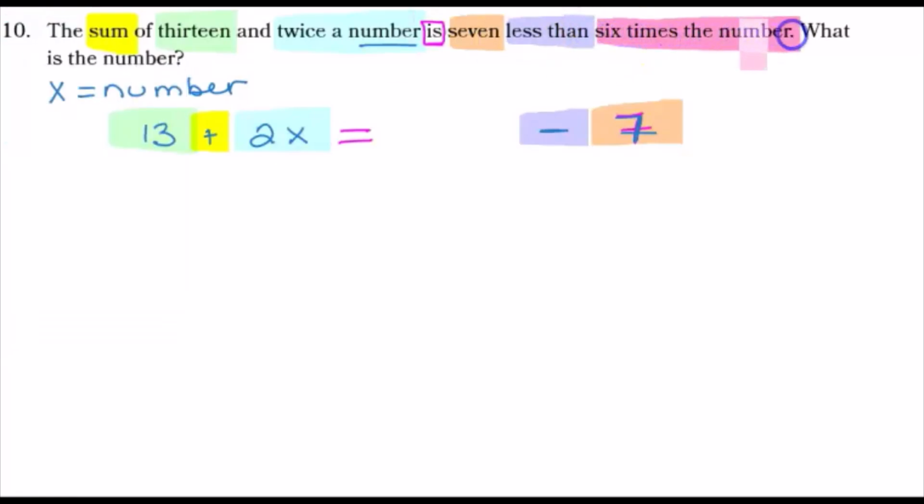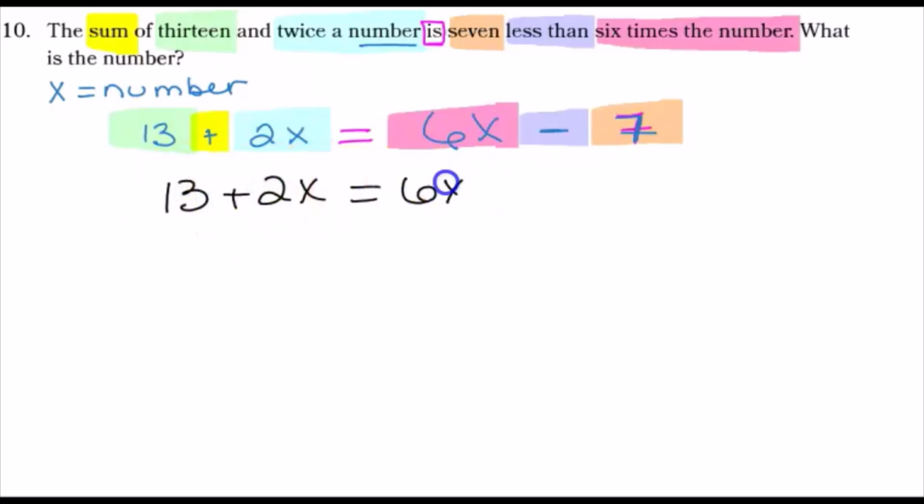6 times the number. Remember, the number was defined as x. So now we have 13 plus 2x equals 6x minus 7. I have 2x here and 6x here. So what I'm going to do is subtract the 2x from both sides, subtracting the smaller just so I can work with positive numbers.